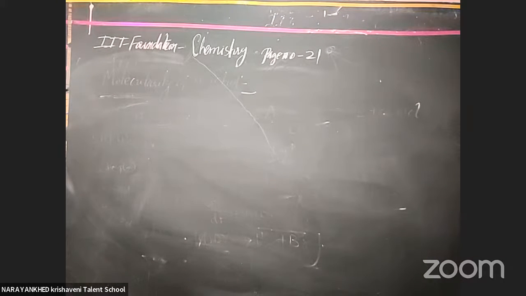Now, don't get confused about that. We first consider the slowest step. Whatever is involved in the slowest step only becomes the order here. We are not taking the fastest step here, only the slowest one. The slowest one is what we observe for the rate law.